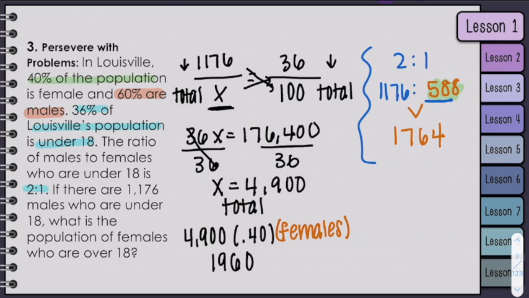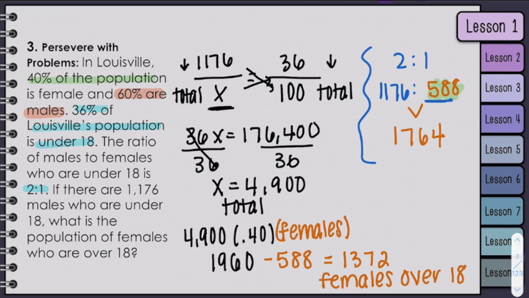So the difference between the total number of females in Louisville minus your females under, which is 588, so minus 588, is going to give you 1,372 females over 18. So that's what your answer will be. 1,372 females over 18.